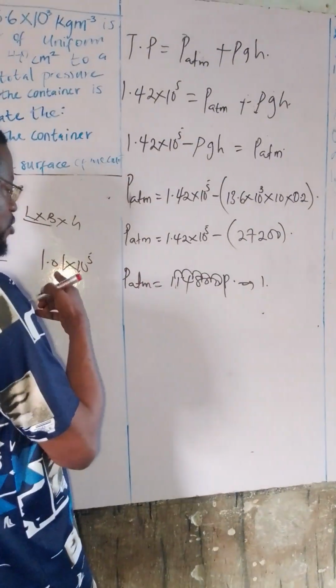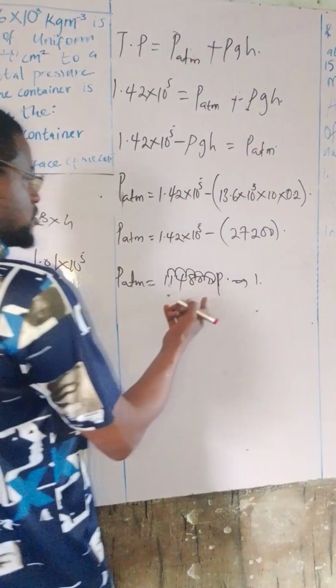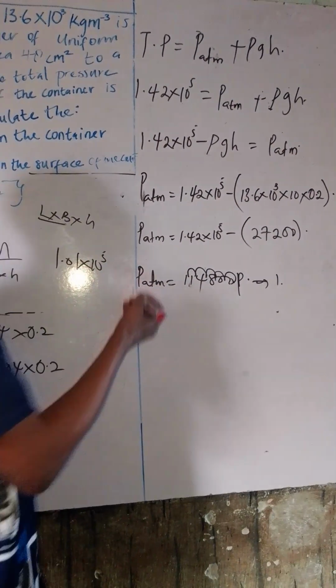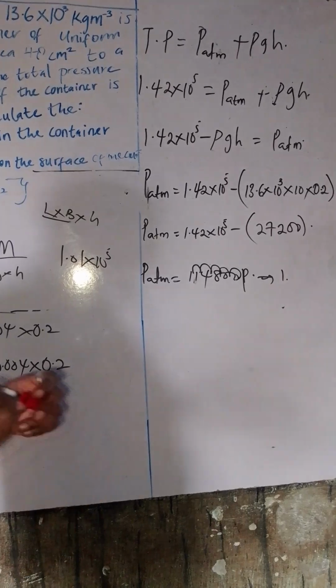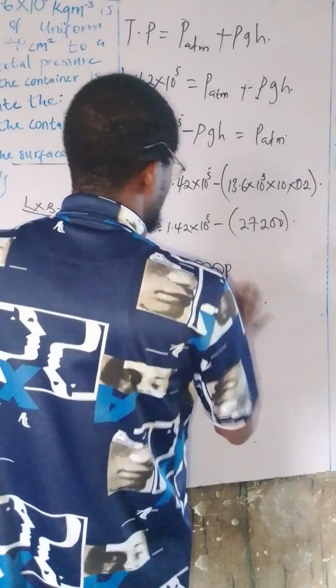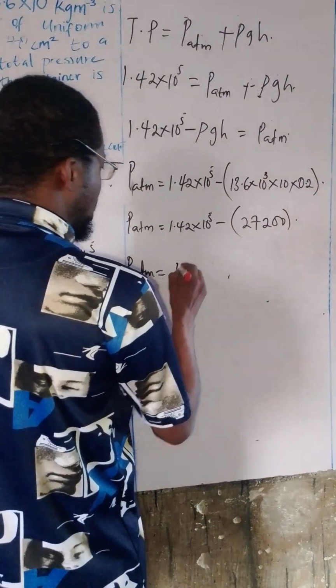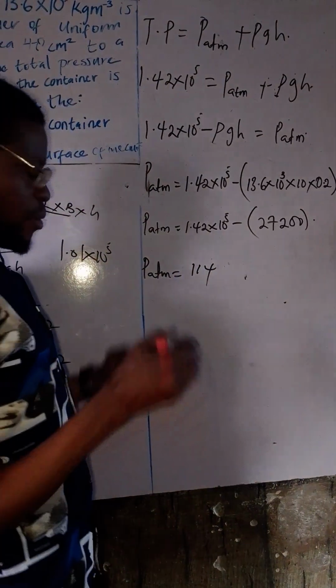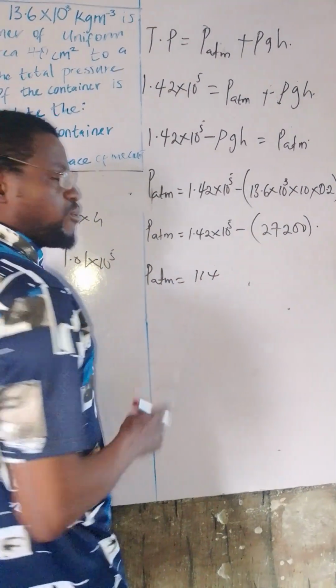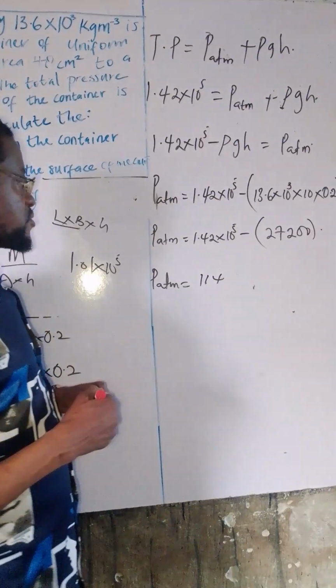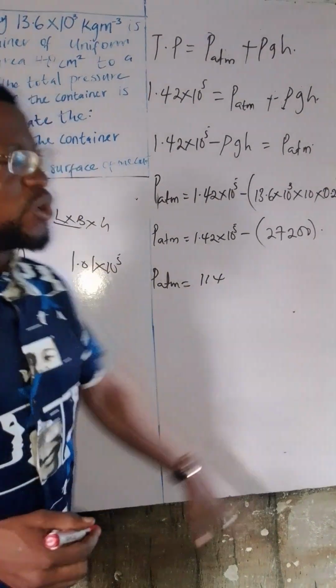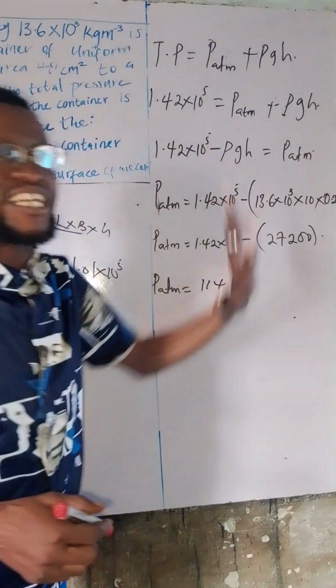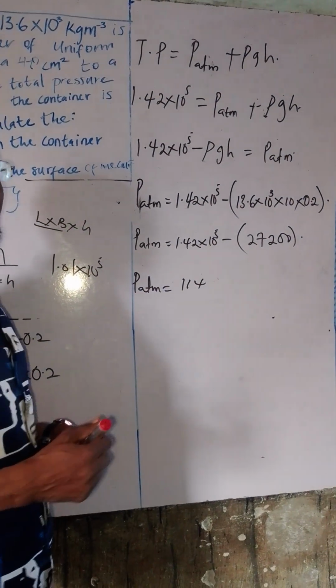So this one gives us 1.1. But the normal number is 1.0, which means it is also very close to the answer. So our answer now is 114. I have 114. You can confirm that yourself with a calculator. But this is the analysis we can take to get that answer.